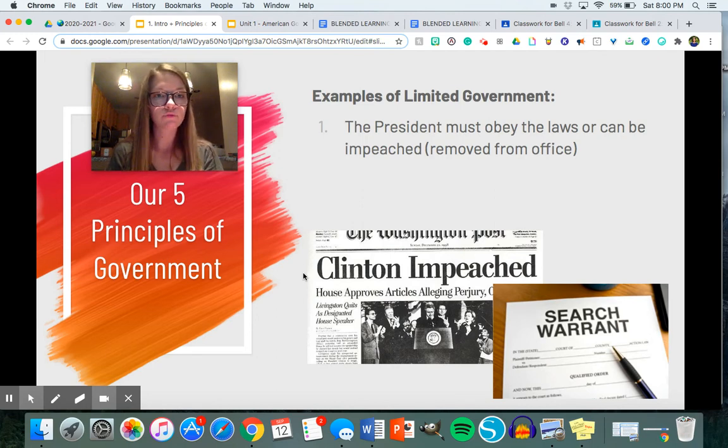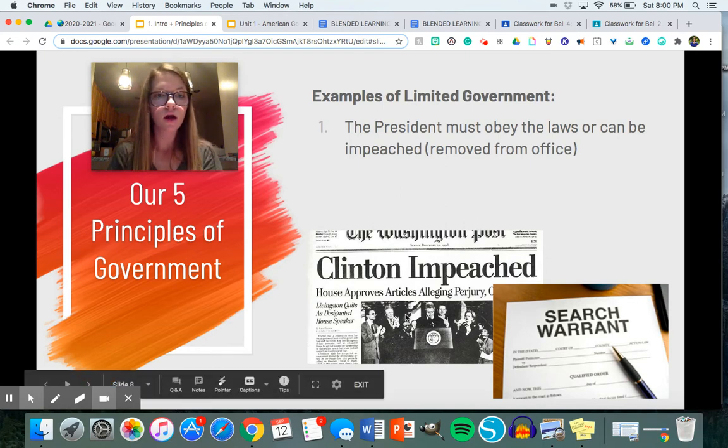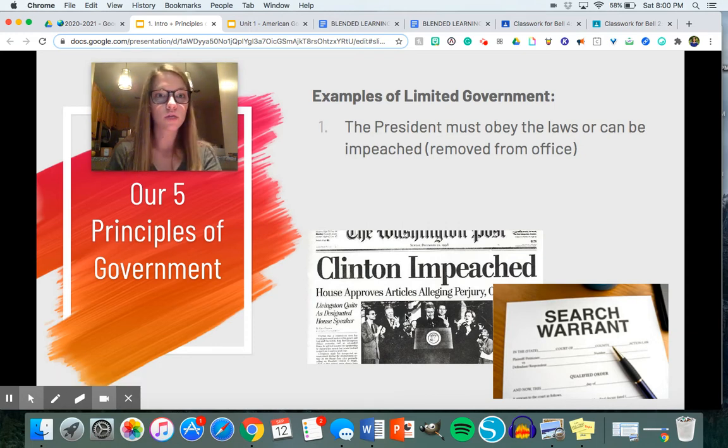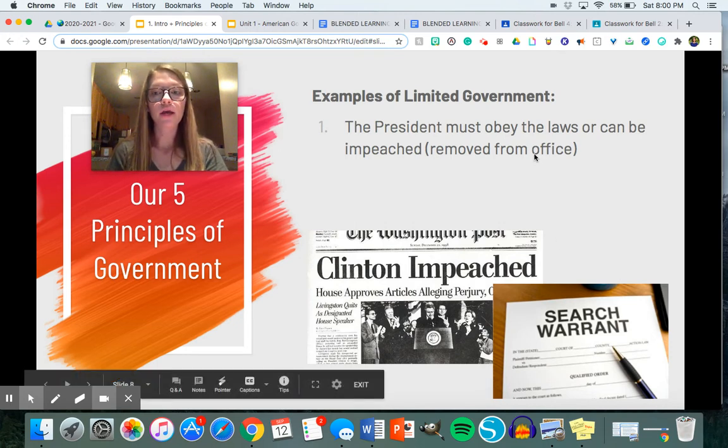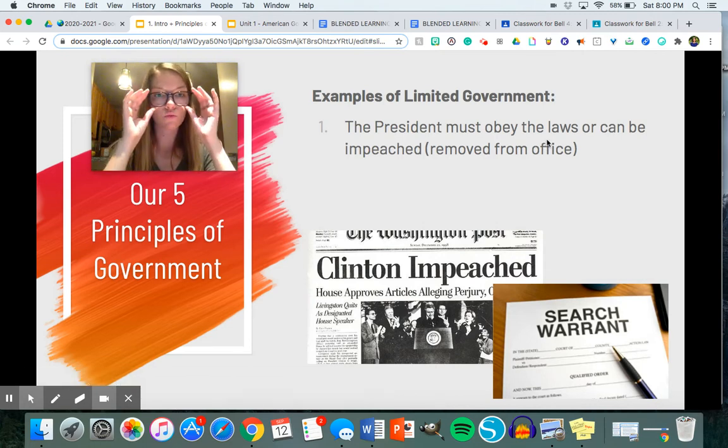So we've had several presidents impeached. Johnson, Clinton is what you see here. And then President Trump was impeached by the House of Representatives just earlier this year in 2020 in January. None of them were ever removed from office, but they were at least put on trial in the Senate for potentially breaking laws and obstructing justice and the role of government.